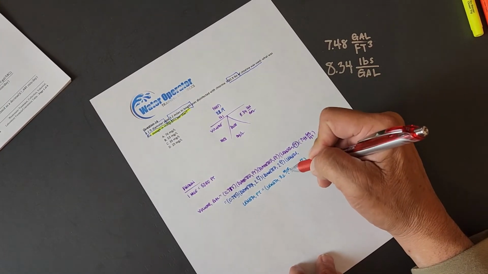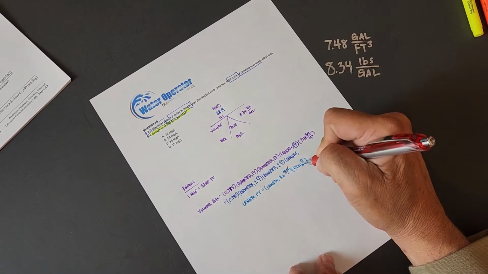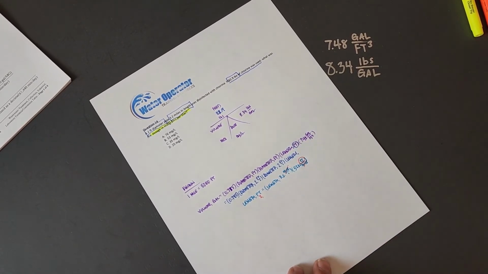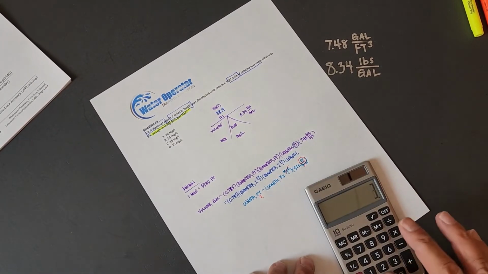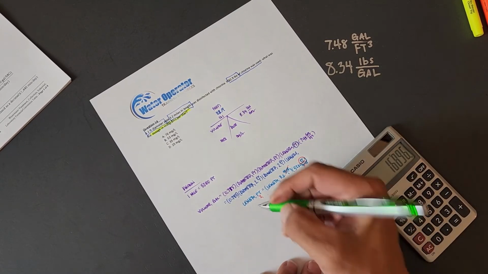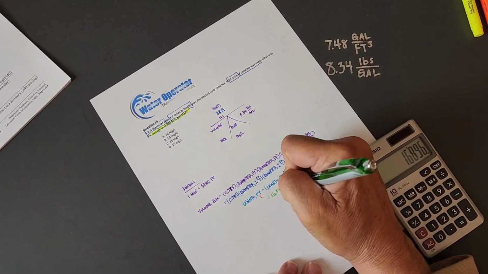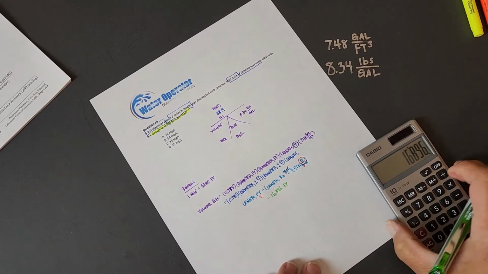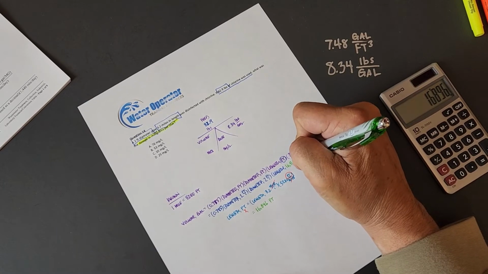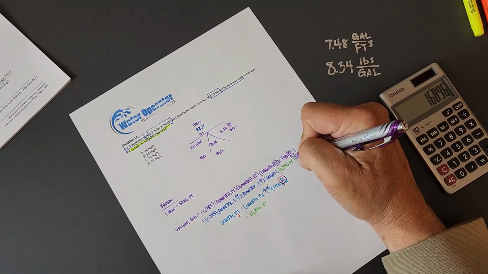Above the division line, we have miles here. We have it here below the division line. We can cross cancel that out. We're left with feet. That's the unit of measure we're looking for. Let's multiply 3.2 times 5,280, and that is going to give us 16,896 feet. So we can put that length down here as 16,896 feet.